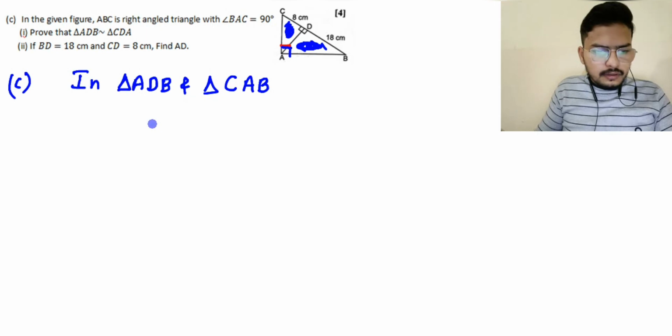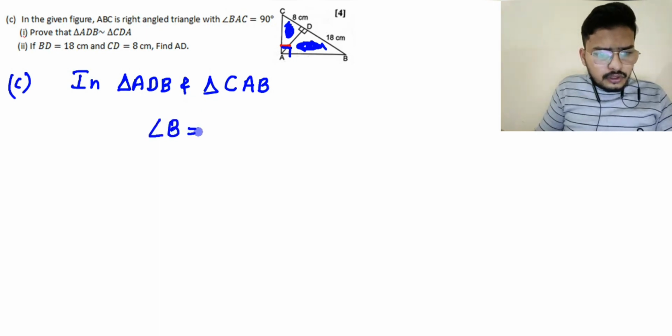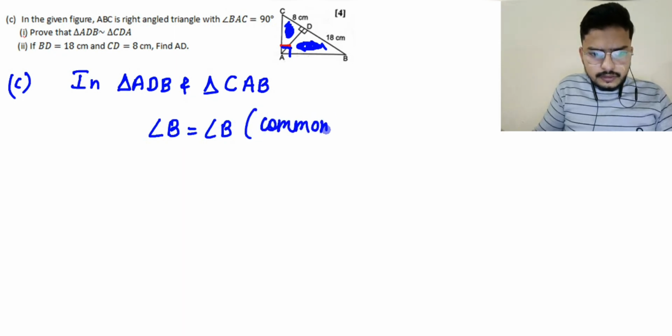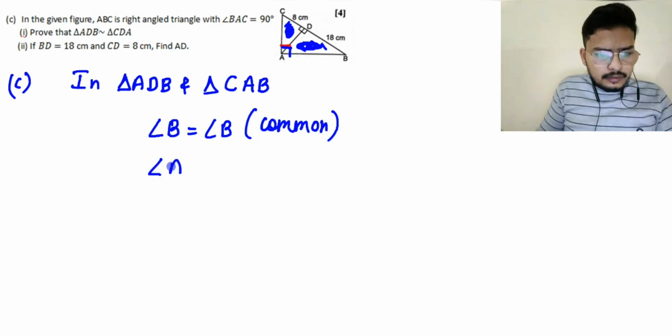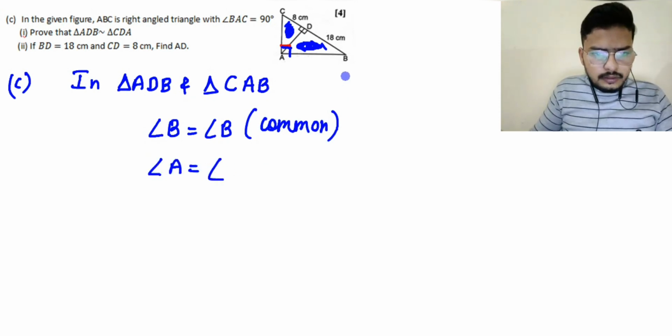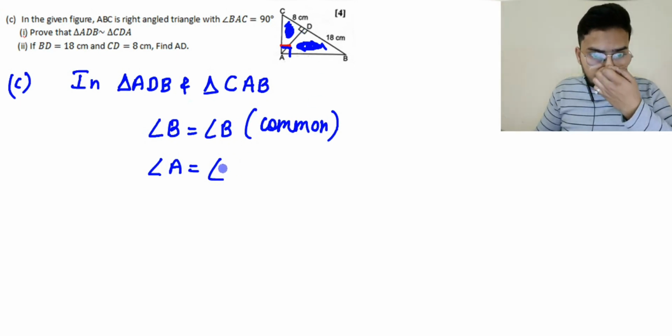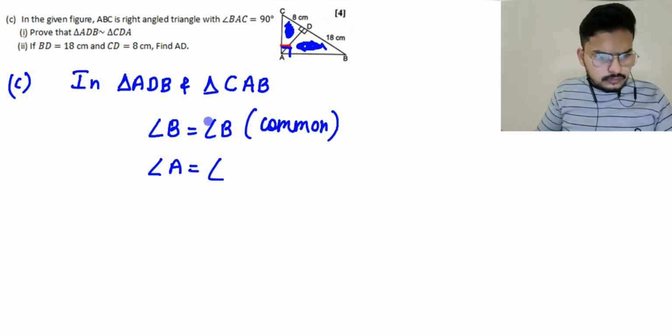So from here we can easily say that angle B is equal to angle B, which is common, right? And the second one is angle A here is equal to angle D, where D is this one.